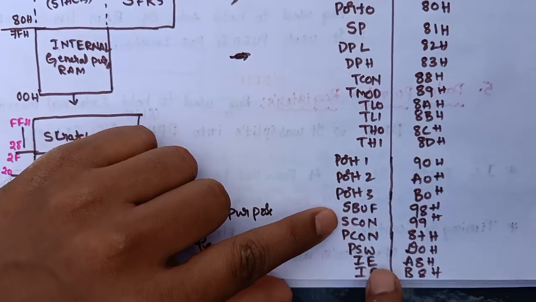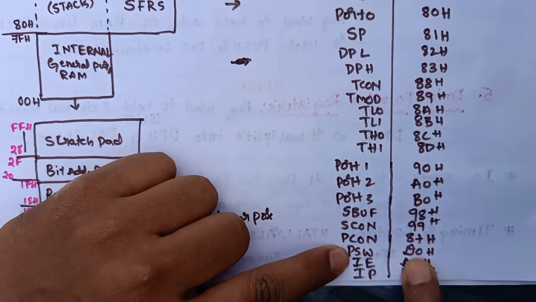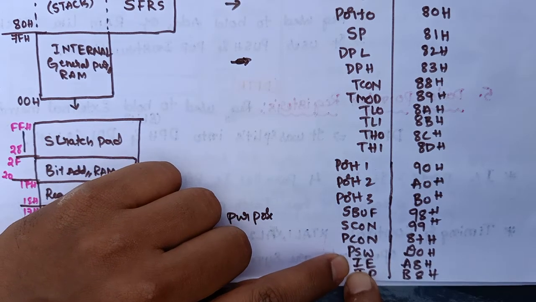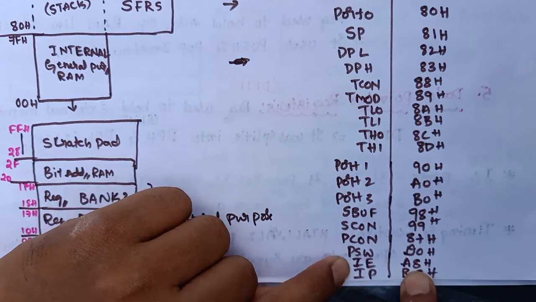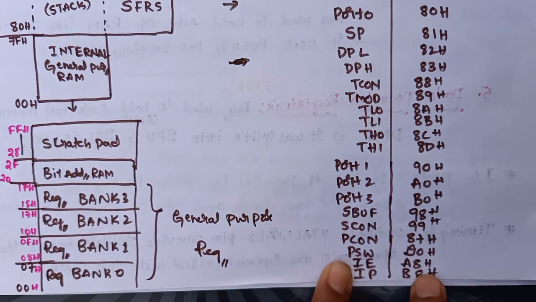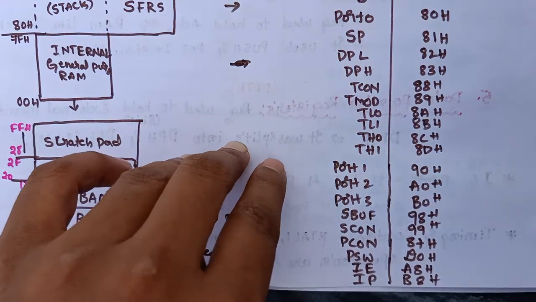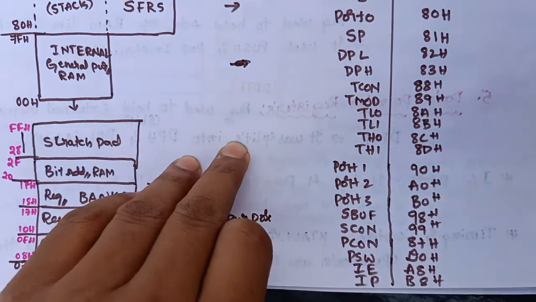PSW, the program status word, has the D0 location, the IE register has the location A8, and IP has B8. So this is about the internal RAM structure.